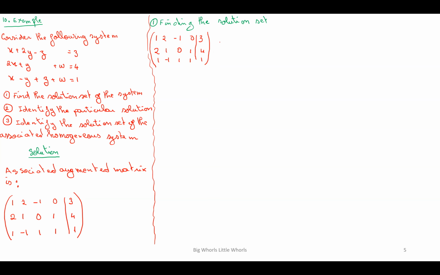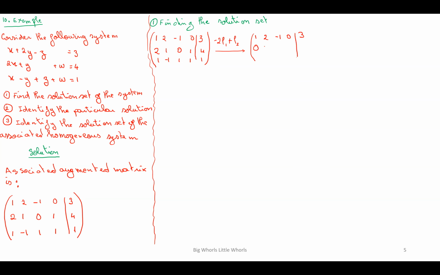So let's do Gauss's method very quickly. We have minus 2 rho 1 plus rho 2, which will give us, let me rewrite that properly. The first row is not changing: 1, 2, minus 1, 0, 3.